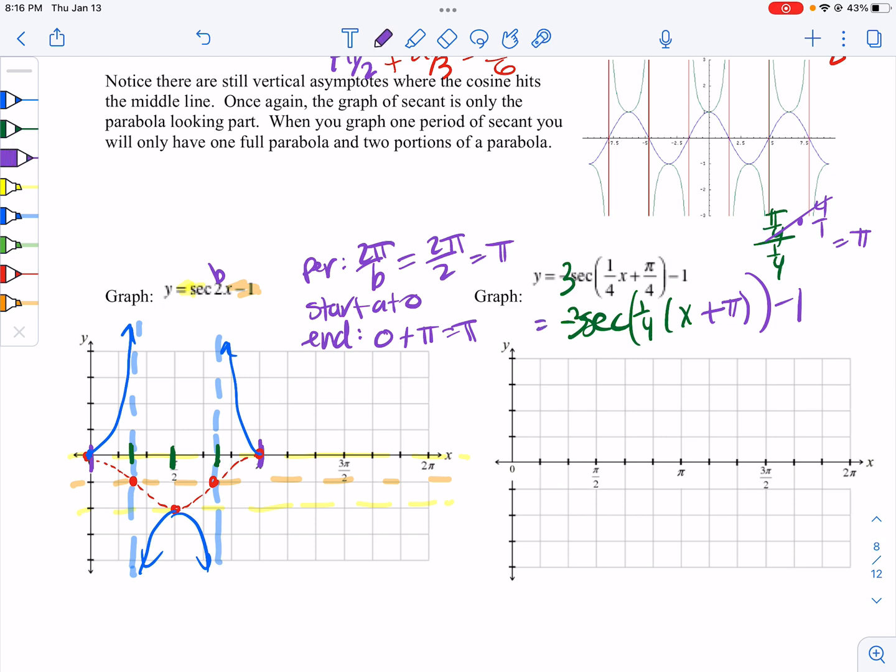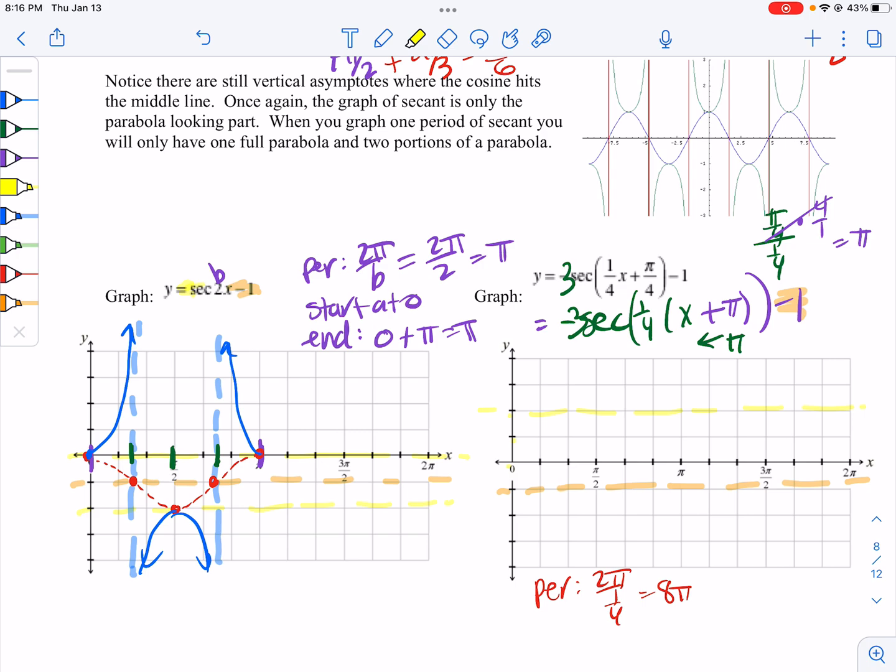So then we're going to shift left by pi and down by 1. The period here is going to be 2 pi divided by 1/4, so that's going to give us 8 pi. We're shifting down by 1. Then the amplitude is 3 because I changed it. If you missed that, 1, 2, 3.